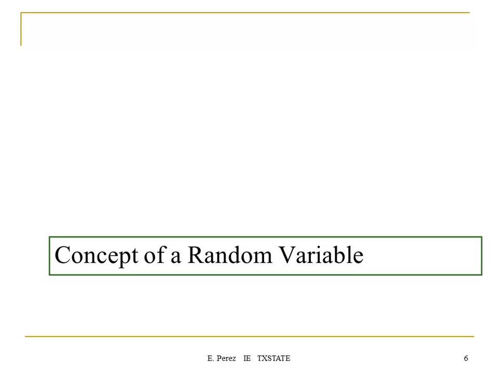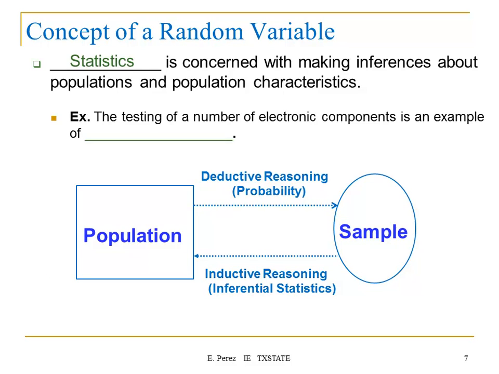And we're going to go back to this by the end of the lecture. Okay, so let's start with the concept of a random variable. What is a random variable? And I think this is the slide that I showed you already. Statistics is concerned with making inference about populations and population characteristics. So the testing of the number of electronic components is an example of a statistical experiment.